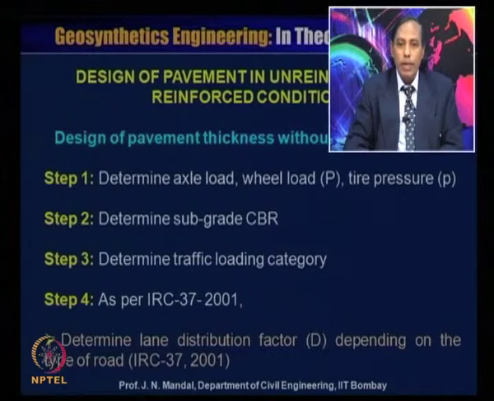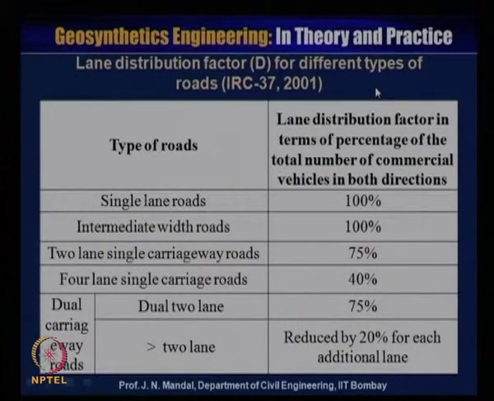Step 3, determine the traffic loading category. And step 4, as per IRC 37-2001, determine the lane distribution factor D depending upon the type of the road. This is the lane distribution factor D for different types of roads as per IRC 37-2001.